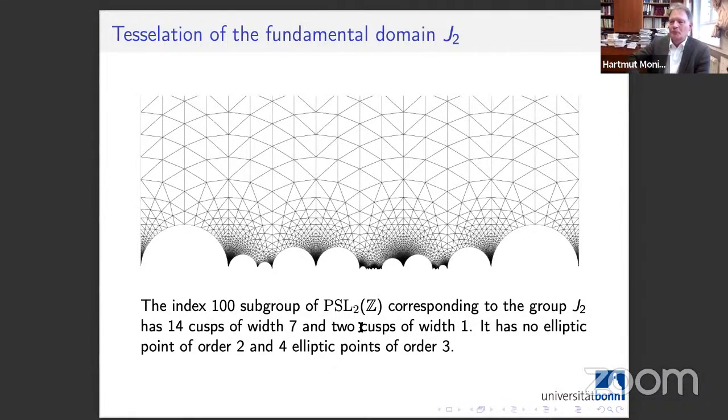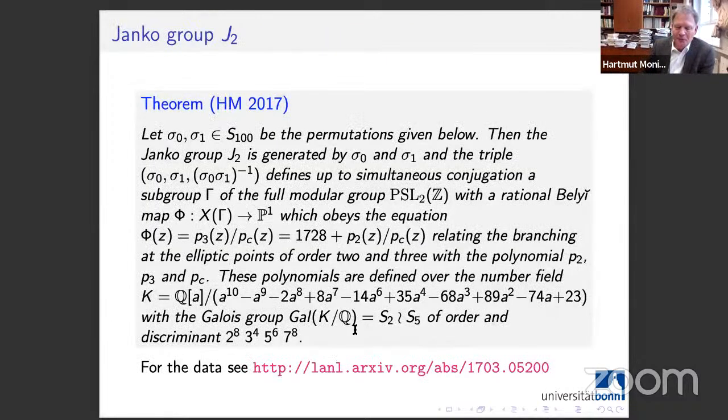And now by putting one at infinity, we have broken the symmetry between the two, and that introduces this Galois group S2 wreath S5. So the field of definition is actually S5, and in principle, one should be able to reduce the field of definition of this Belyi map to 5.